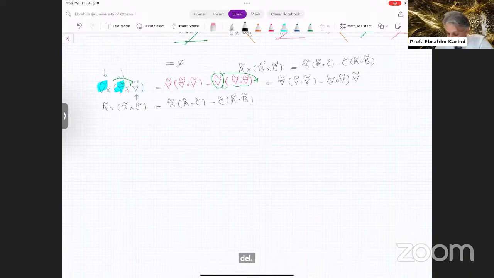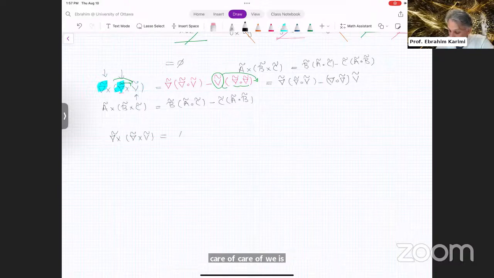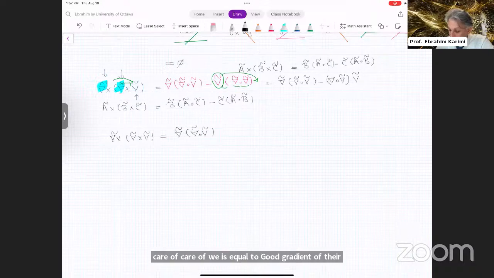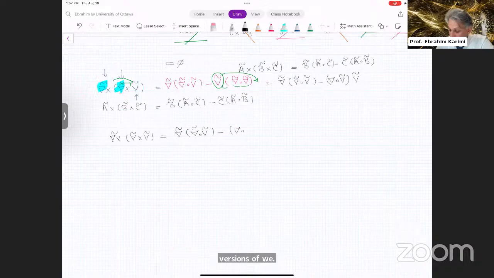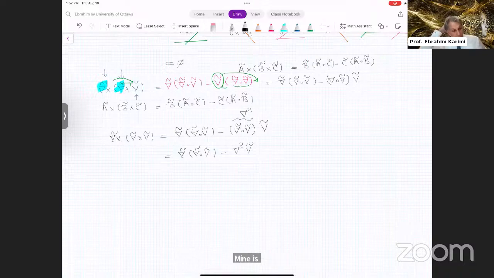So indeed, the result of curl of curl of V is equal to gradient of divergence of V minus del dot del, which is again Laplacian of V. So it is gradient of divergence of V minus Laplacian of V. Okay, and that's really important.